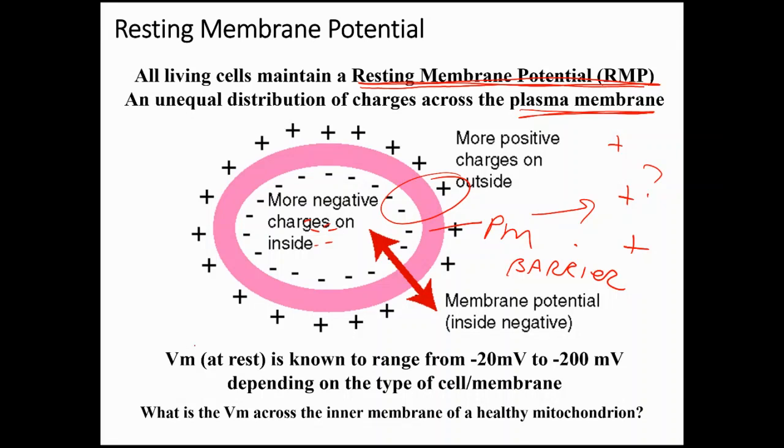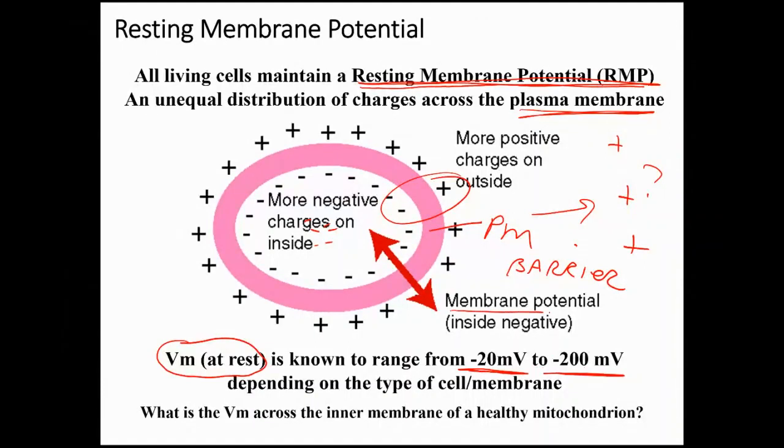The resting membrane potential, usually measured in millivolts, is known to range between minus 20 millivolts to minus 200 millivolts, depending upon the type of cell membrane. And they always say it's a negative reading, not because it's negative voltage.